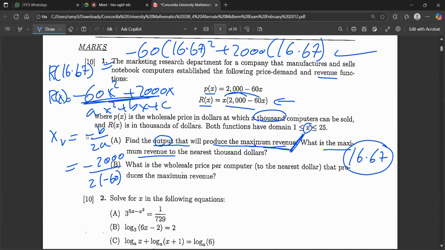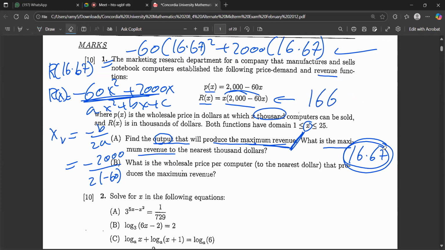But there is something missing. X is in thousands of computers, and we got the answer 16.67. So we have to multiply it first by 1000 to find the number of computers. So it must be times 1000, which produces 16,670, since it was 666.